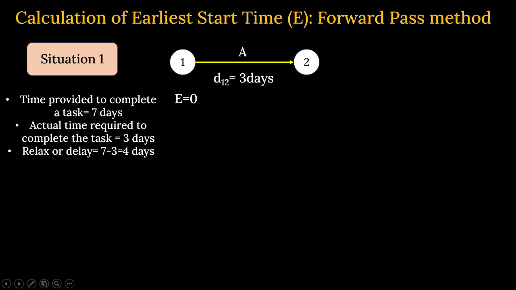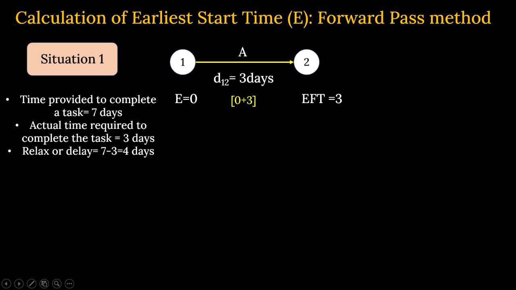You can start on day 0. What is the actual time? 0 plus 3, that means a total of 3 days. So your earliest finish time is 3 days.